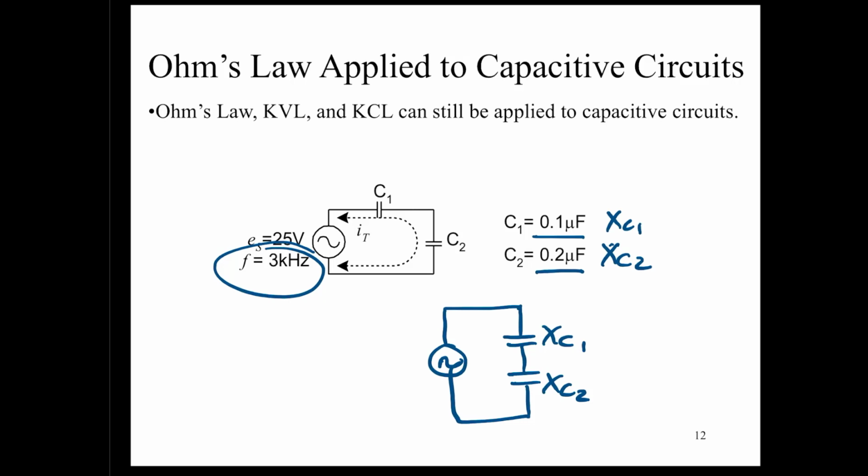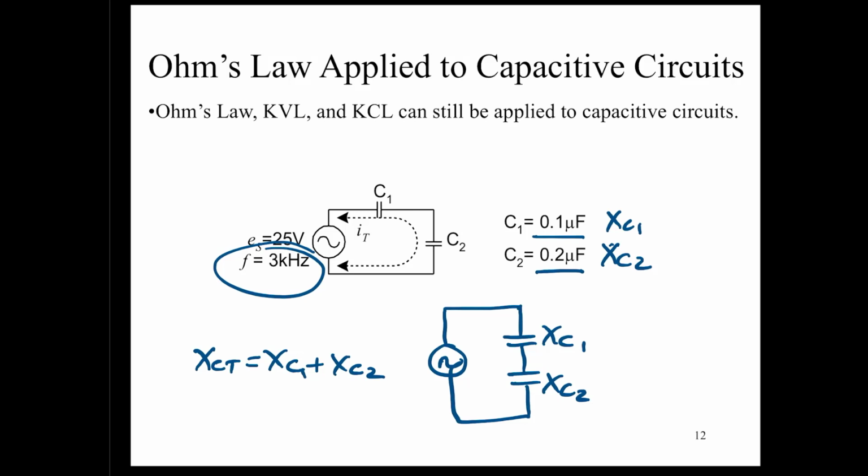Based on the fact that these two values as an impedance are simply added together, you can say XC total equals XC1 plus XC2. That's the way we handle series impedance.